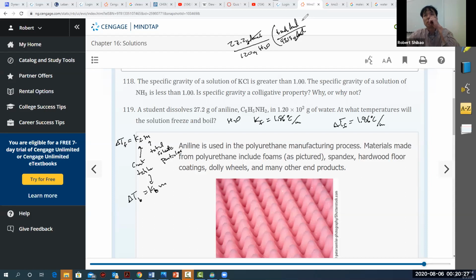Well, that's what we want for molality: moles on the top and kilograms of solvent on the bottom. There are 1,000 grams per kilogram.